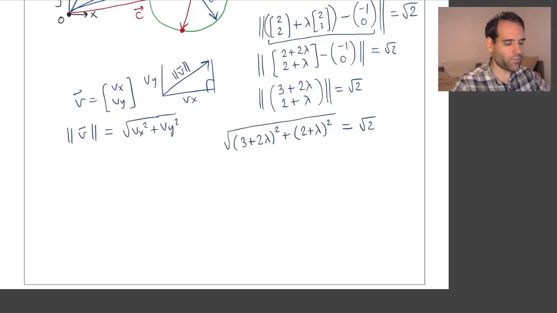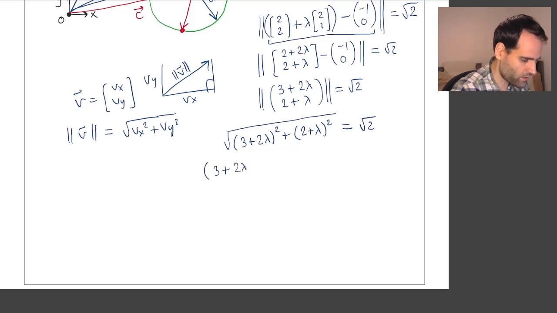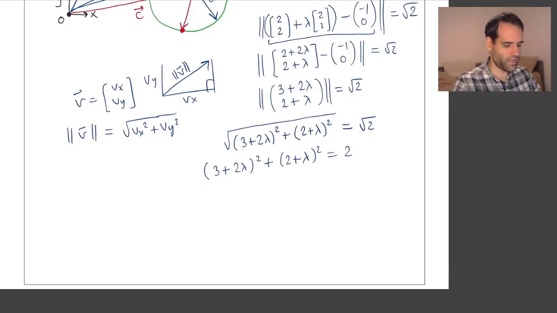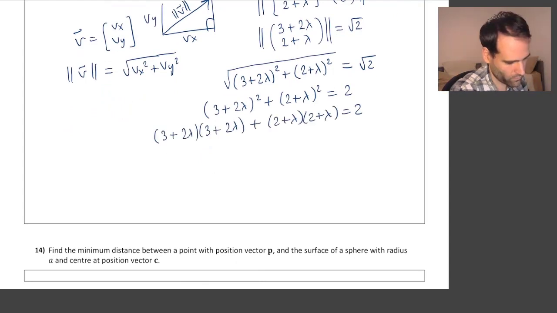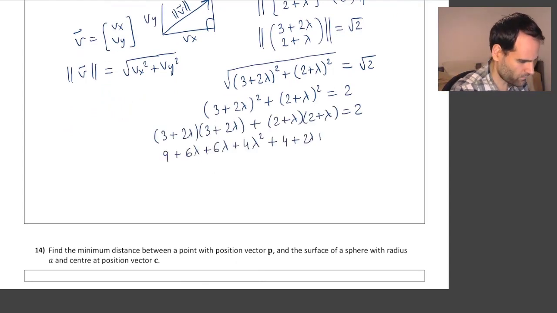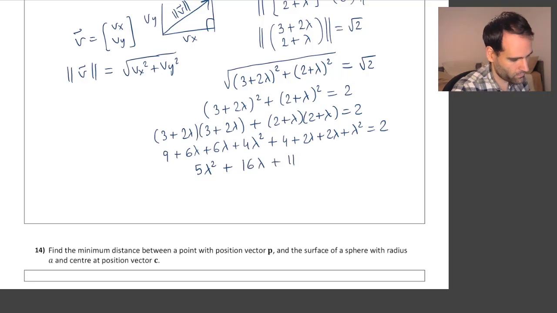Now let's square both sides so that we get rid of that square root. So we get (3 plus 2 lambda) squared plus (2 plus lambda) squared equals 2. Okay, and now we expand these brackets. So we have arrived at a quadratic equation: 5 lambda squared plus 16 lambda plus 11 equals 0.